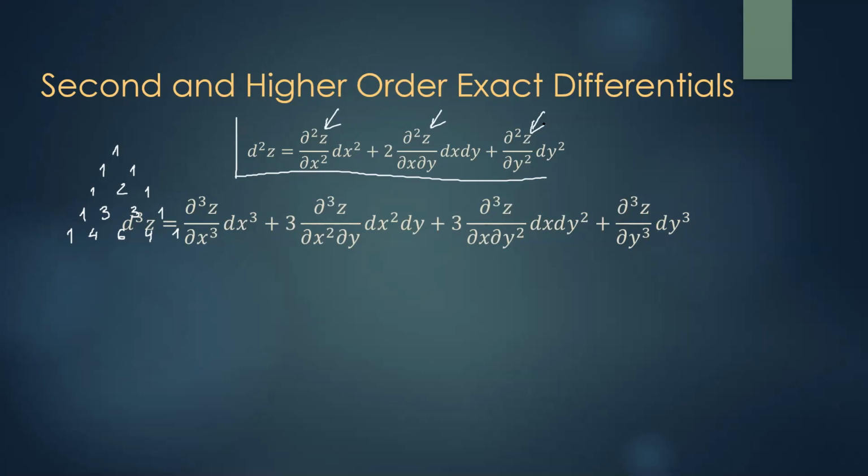So if in the homework, in the midterm exam, for those of you who have to write the final exam, you are asked to write a second order exact differential, then you simply do the necessary second order derivatives, and just write it down using the formulas that you get. And that's it.